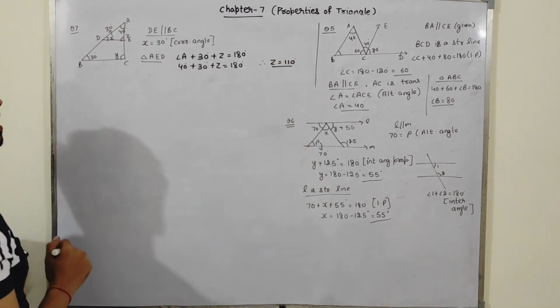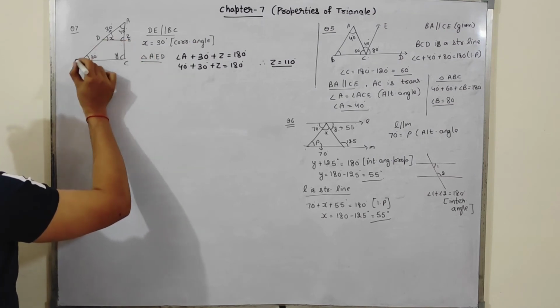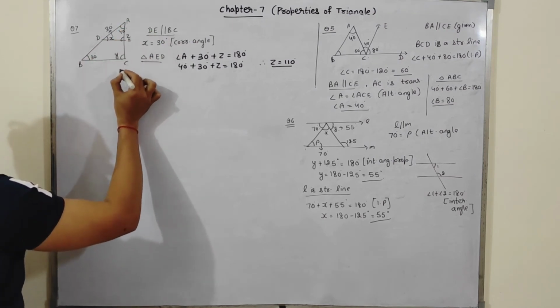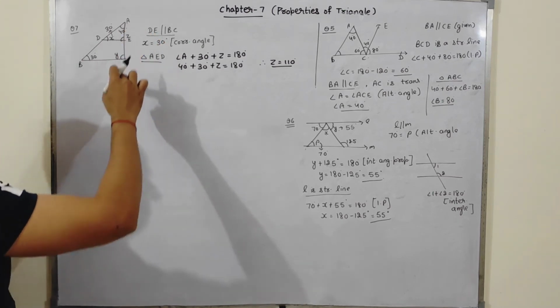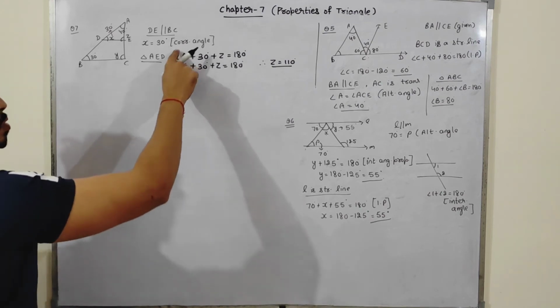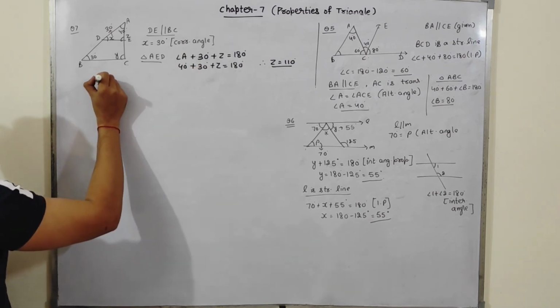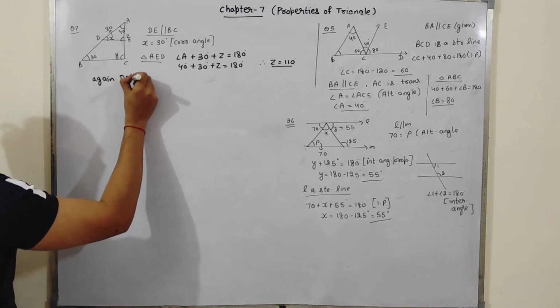So this is 110. Now students, see, these two lines are parallel, and this is the transversal. So they are on the same side. This is upward the first line, and this is upward the second line. So both of them will be equal by the corresponding angle property. Again, DE is parallel to BC.